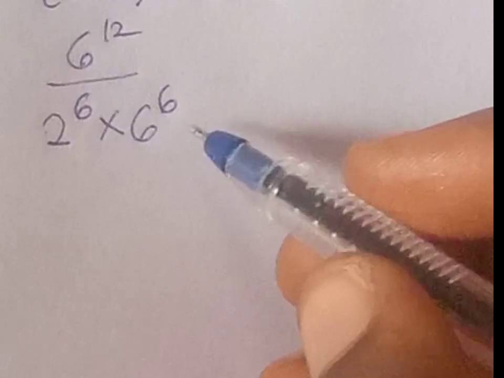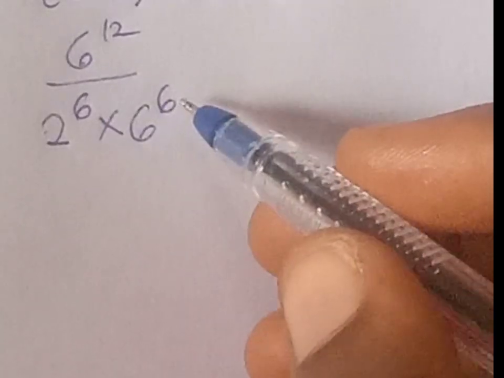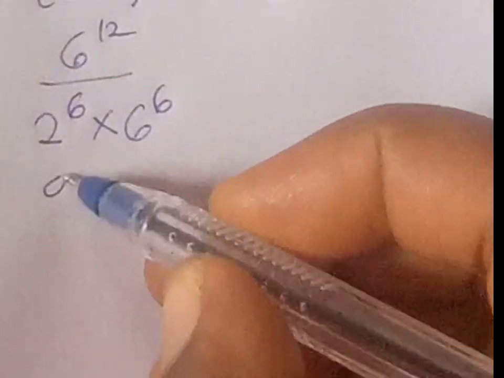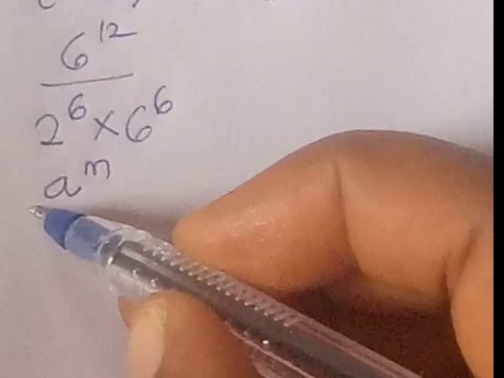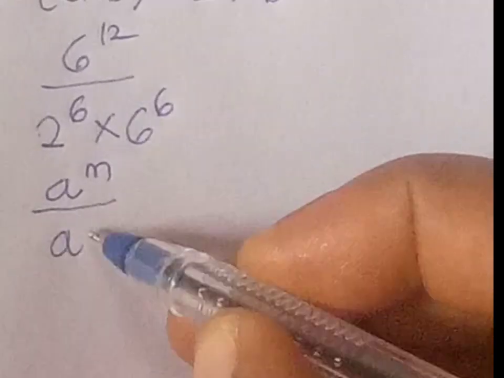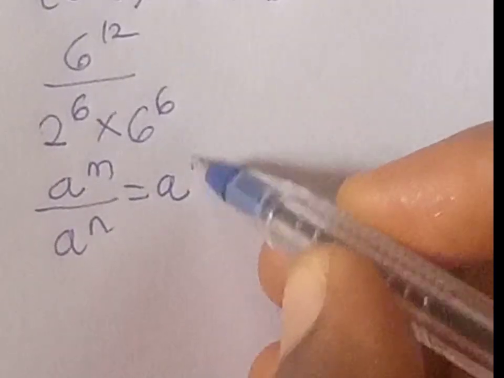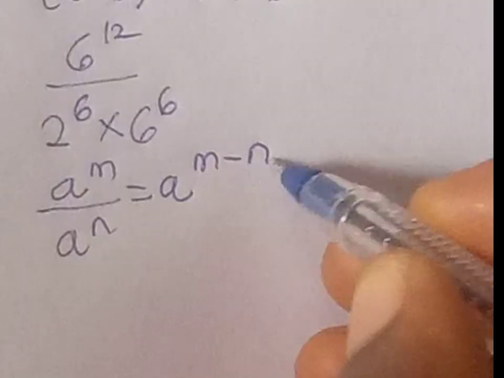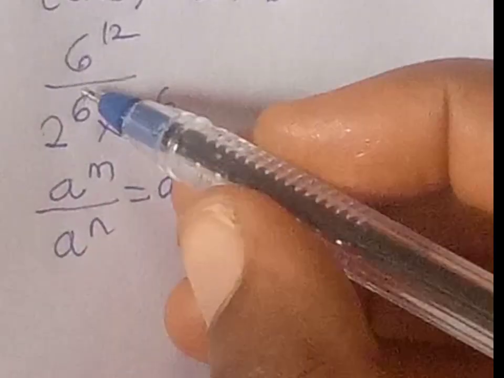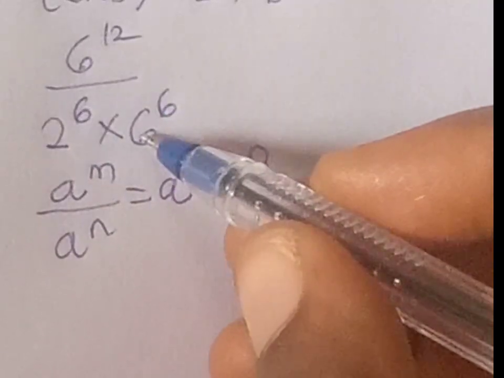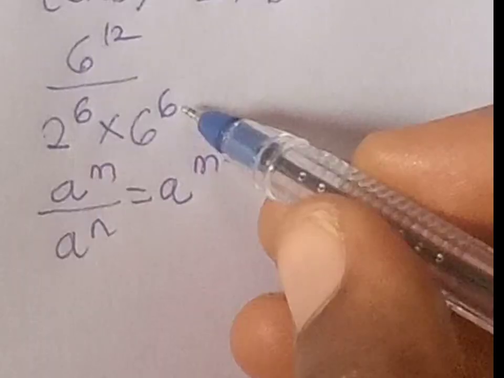Now let's simplify the powers of 6 using our exponent rule, which says a raised to the power of m divided by a raised to the power of n will give us a raised to the power of m minus n. Now let's look at the 6 raised to the power of 12 on top here and the 6 raised to the power of 6 at the bottom.